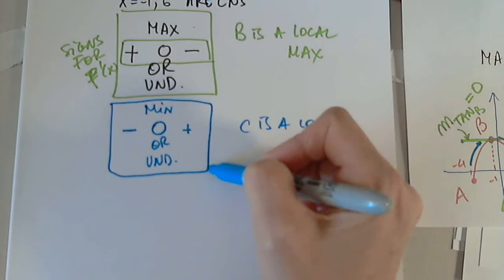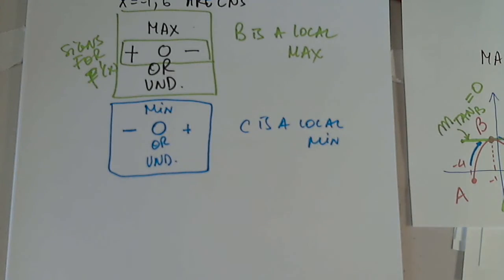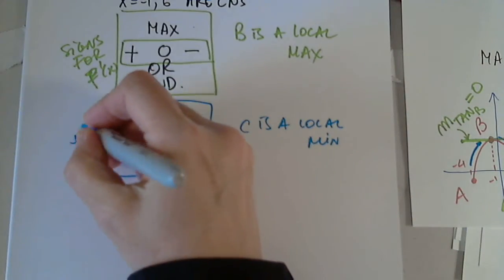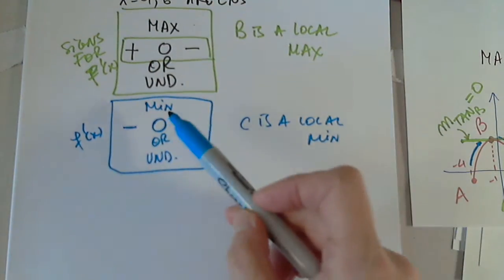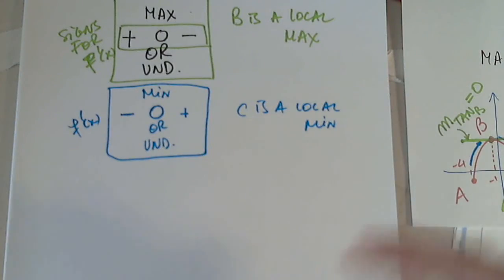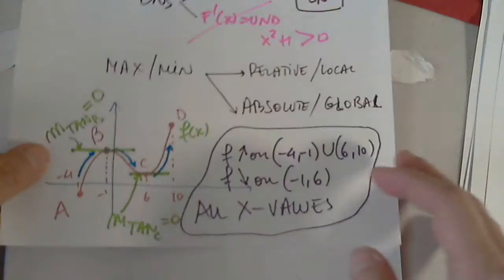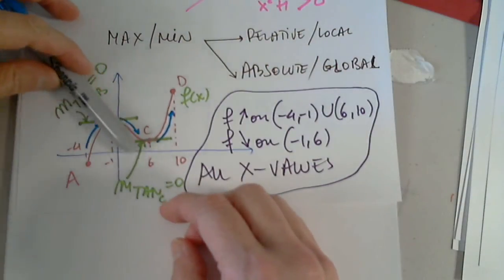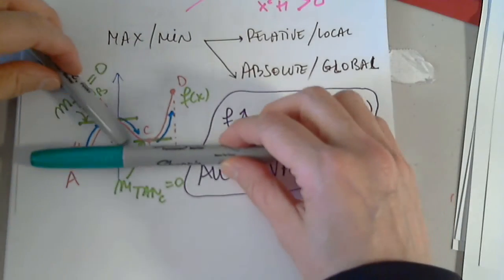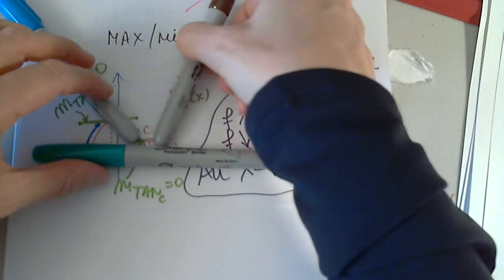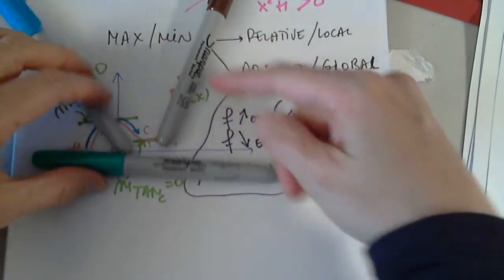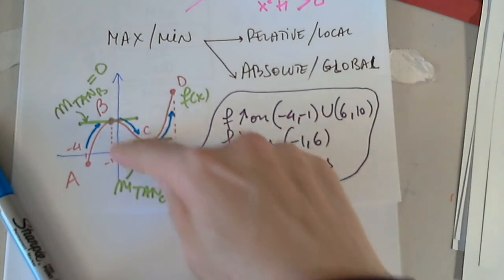So these are the sequence of signs for f prime to guarantee a minimum, a local minimum. So coming back here, when the derivative first is negative, then it's 0, and then it's positive, this is guaranteed to be a local minimum.